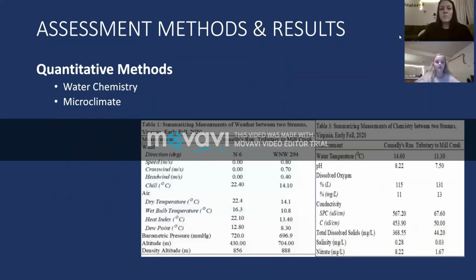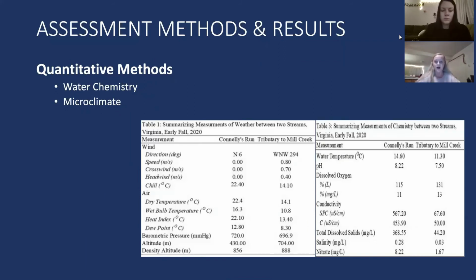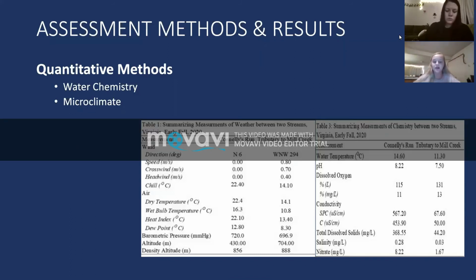So looking at more quantitative methods, we have water chemistry and microclimate, which is presented in the graphs to the bottom right. For the water chemistry, this was measured using a YSI instrument, which included water temperature, pH, dissolved oxygen, conductivity, total dissolved solids, salinity, and nitrate.